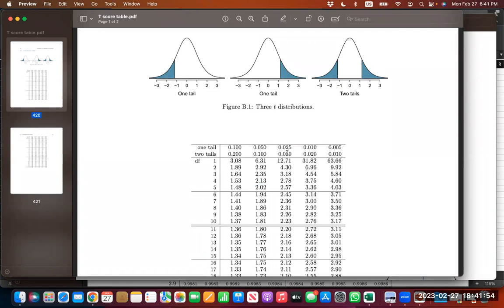Since we want to know a critical T, not a critical Z, because it's not a set distribution, the degrees of freedom are leading us now, because the function will be different with each different degree of freedom. The standard deviation is divided by n minus 1, so the degrees of freedom change with each change in the sample size.